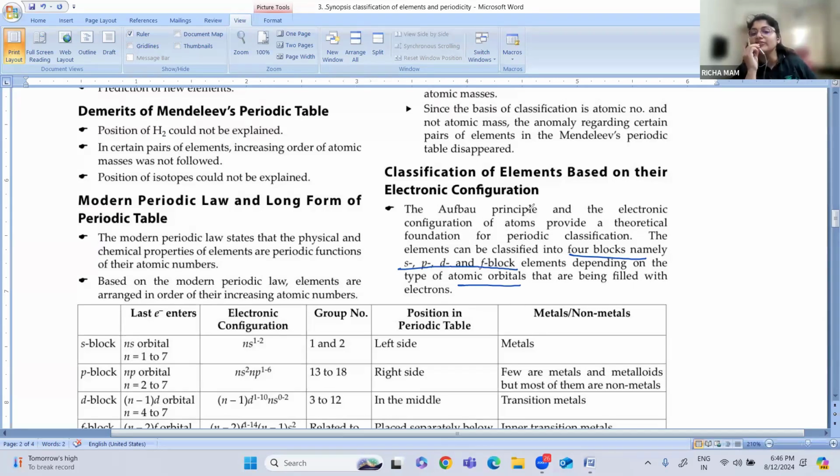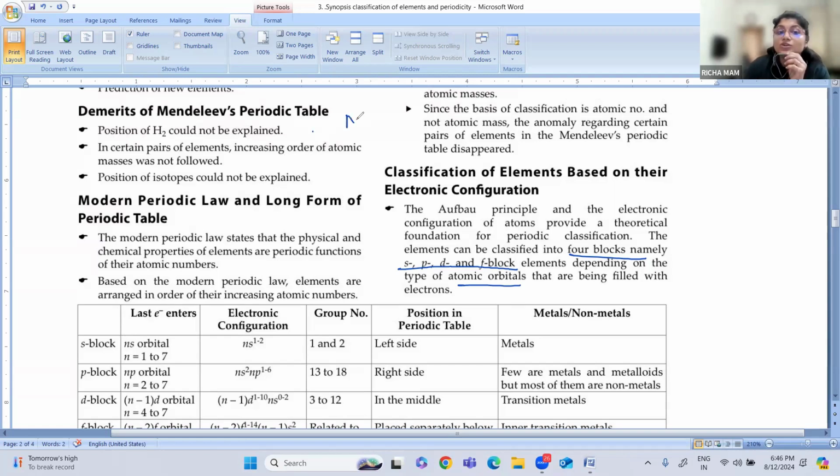So when we are filling up the electrons, the elements whose electrons fall in the same atomic orbitals are placed in the same group.